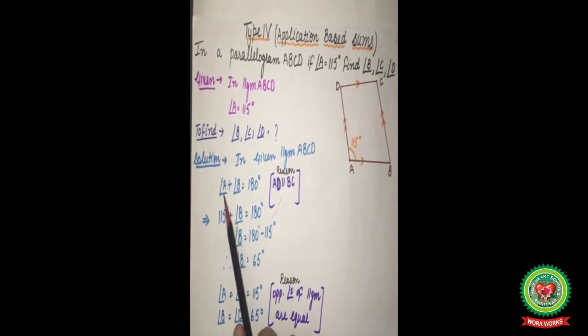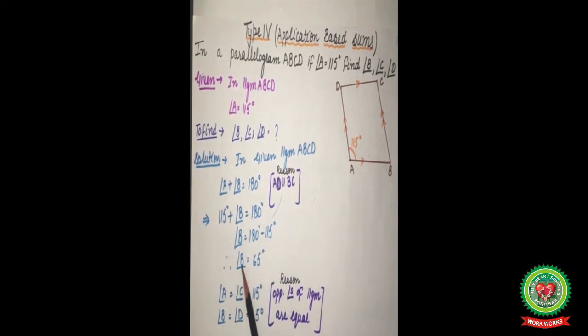So that is, angle A plus angle B equal to 180 degrees as AD is parallel to BC. So on substituting the value of angle A, we get 115 degrees plus angle B equal to 180 degrees. So on shifting, we get angle B equal to 180 degrees minus 115 degrees.